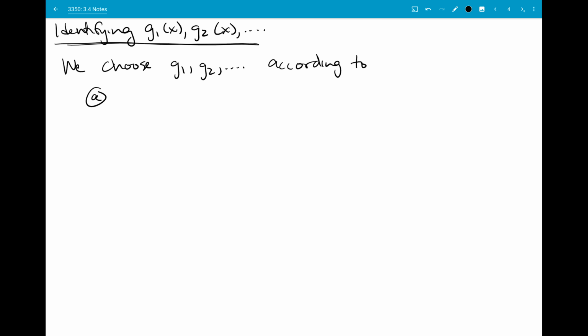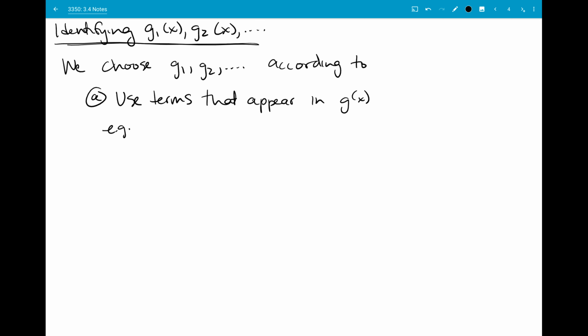I'm going to tell you the first one right now, and then as we work through examples, you'll see the other ones come up. So our first one is just going to be that we use terms that appear in g of x.